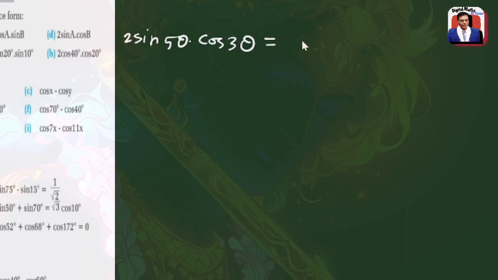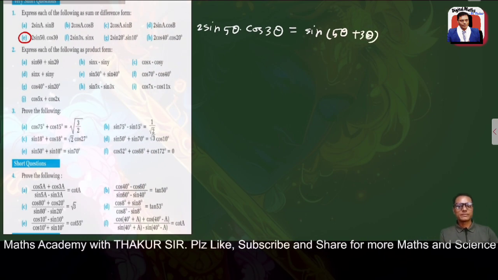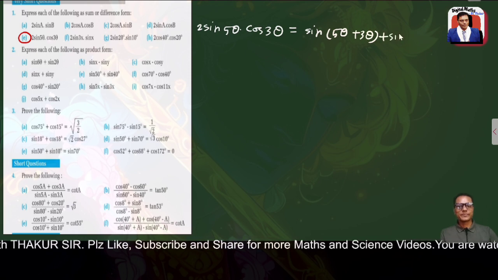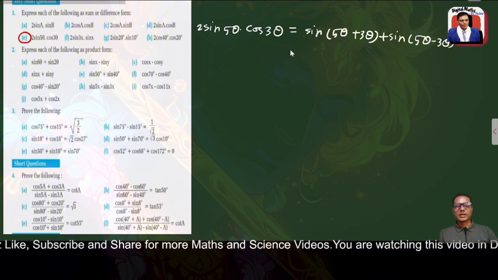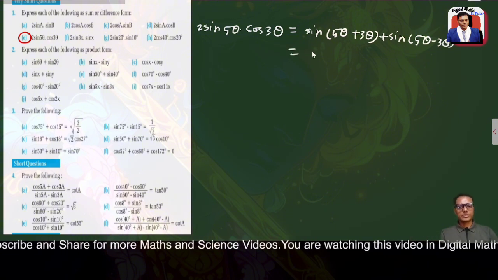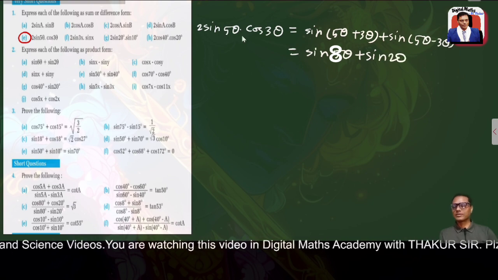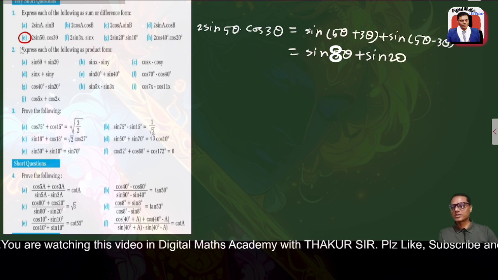So we can apply the formula sin A plus B, that is 5 theta plus 3 theta, plus sin A minus B, sin 5 theta minus 3 theta. And then we simplify, so sin 8 theta plus sin 2 theta. So that's our answer. So similarly, you can do all the questions of question number 1.